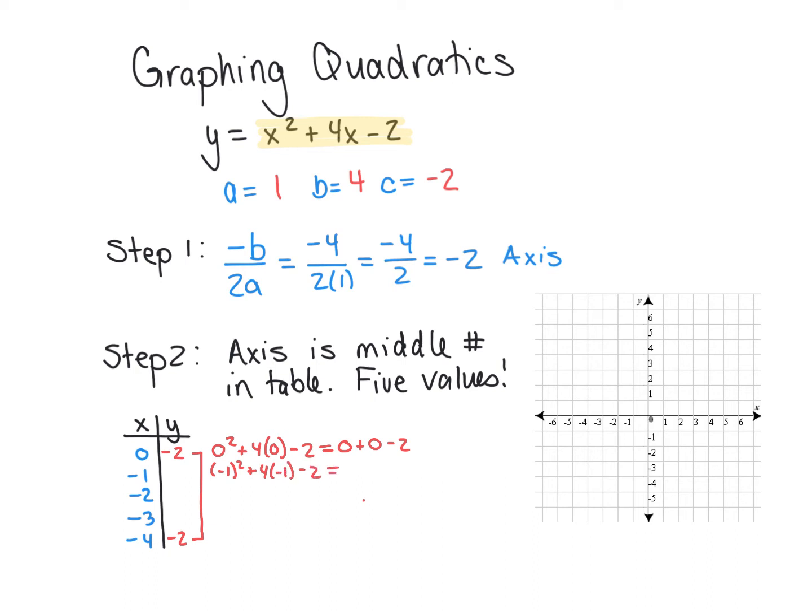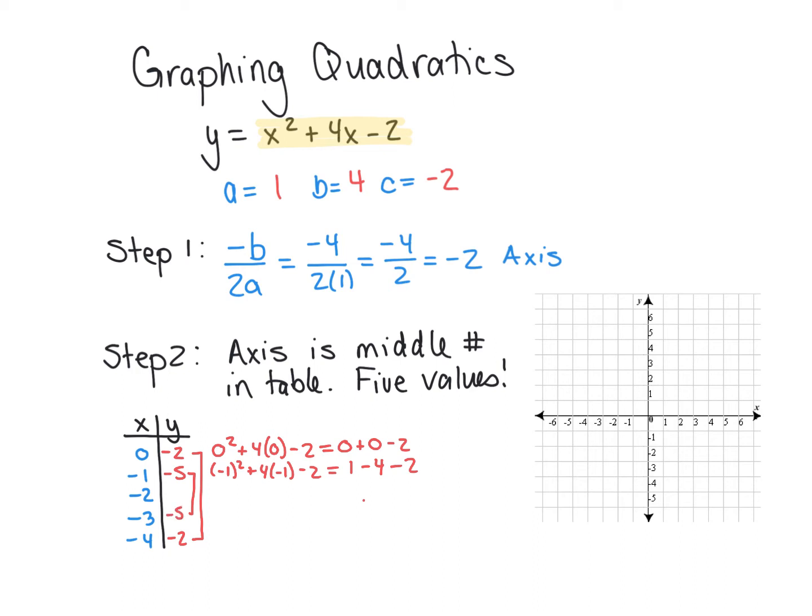So -1 squared is -1 times -1, which is +1. 4 times -1 is -4 minus 2. So we get 1 minus 4 is -3. -3 minus 2 is -5. So if this one is -5, then so is this one.